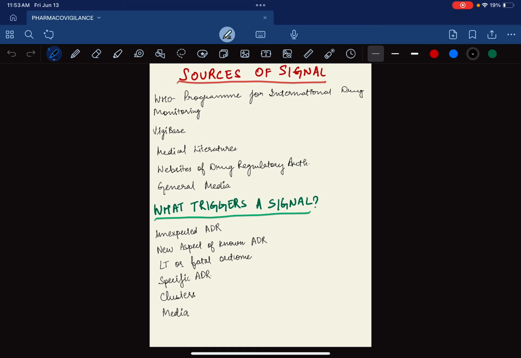Now, any other specific ADR, any clusters, any media. Clusters here refer to a group of diseases occurring together after taking a drug that generates or triggers a signal.